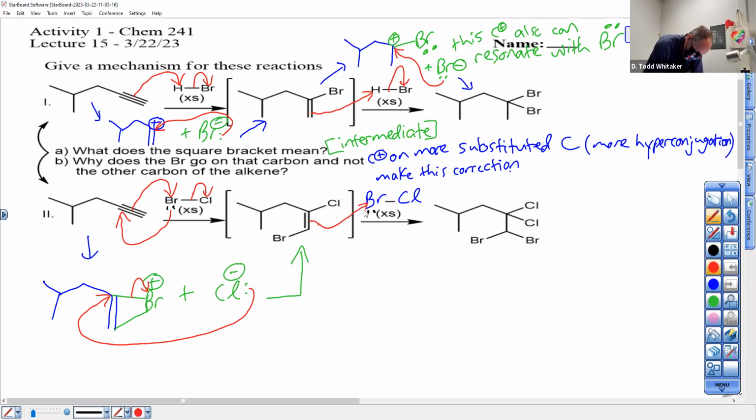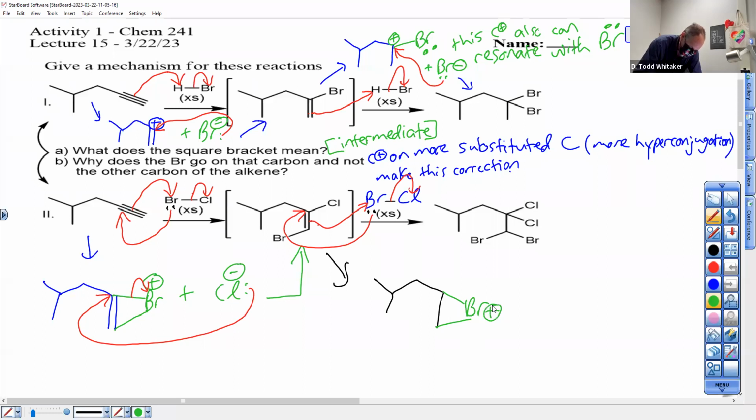Okay. Same three arrows for the next one. Attack, leave, come back to the more substituted carbon, give me a new triangle. New triangle. Iso CH2C. This has no more pi. It's got a new triangle with a Br in it.